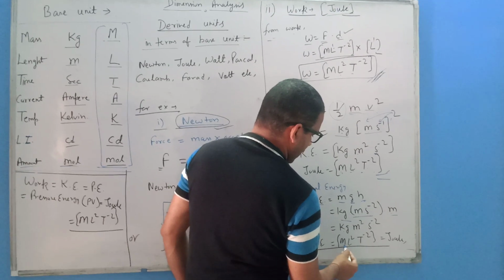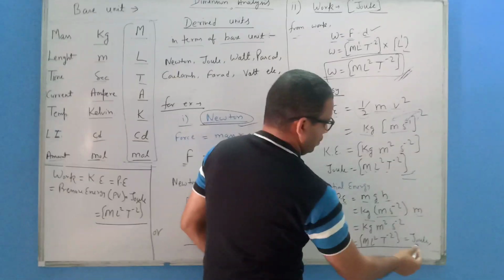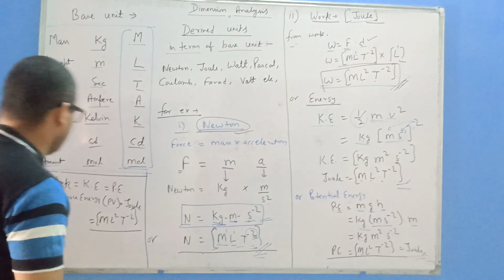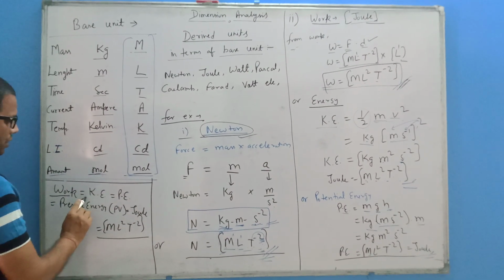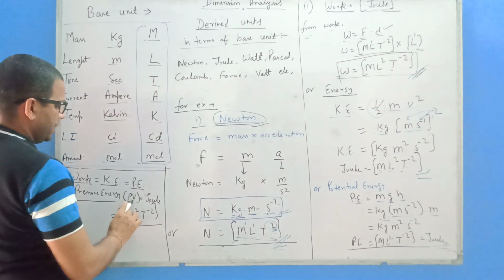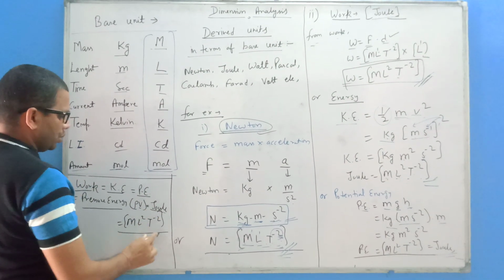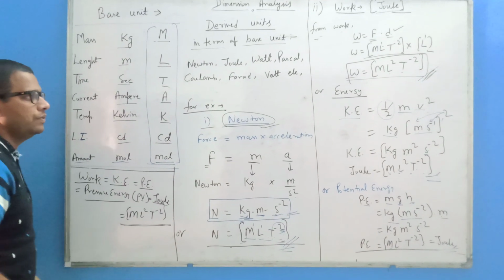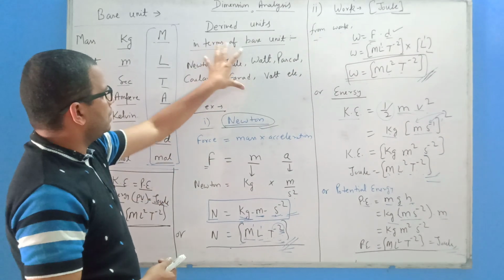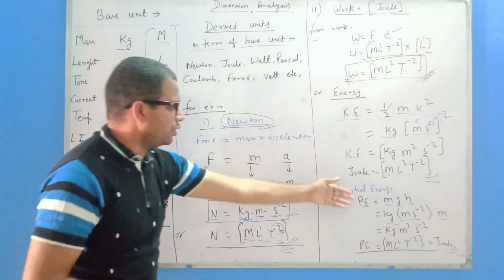Applying the symbols, ML squared T minus 2, also joule. From this we can say work equals kinetic energy equals potential energy, and pressure energy also, P into V, pressure into volume, equals joule, ML squared T minus 2. In this way we can derive all other derived units in terms of base units.